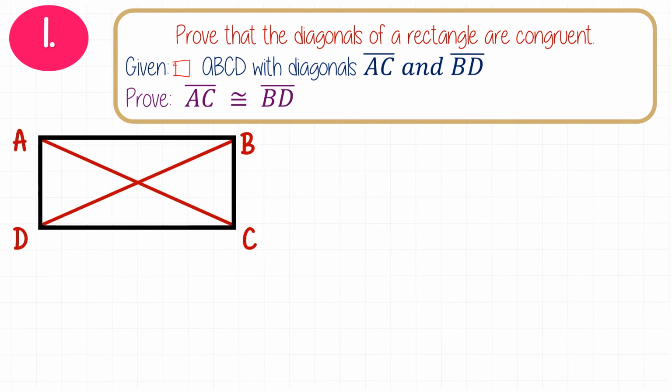Let us prove that AC is congruent to BD. Ayan, ito yung ating rectangle ABCD. Patunayan daw natin na si AC ay kasing haba ni BD. And we'll use coordinate proof.